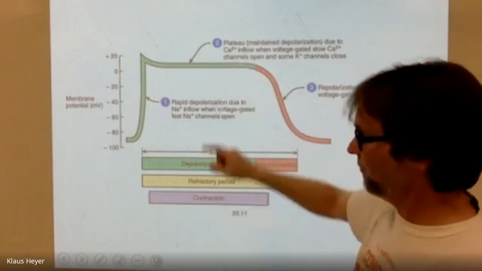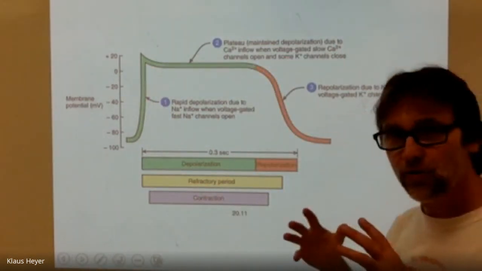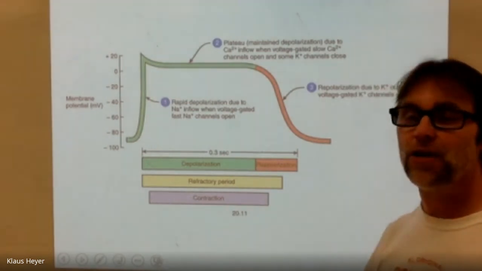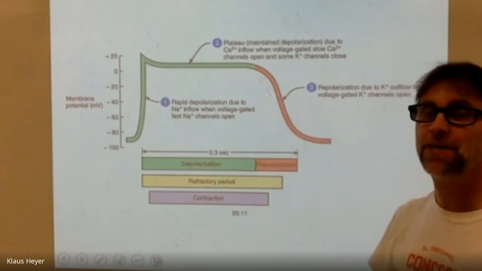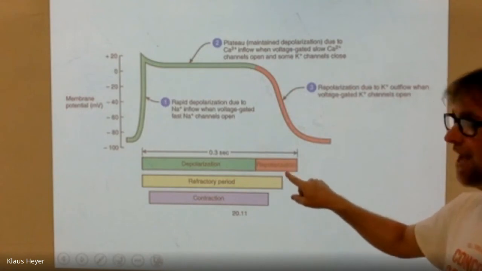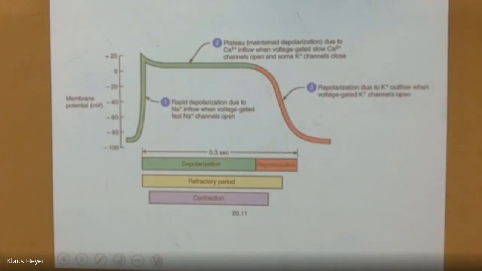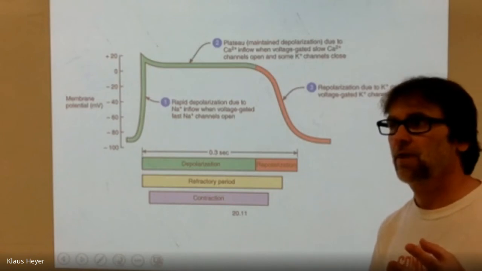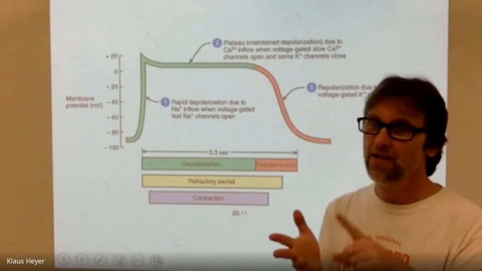That's the plateau phase. Then you have repolarization. Potassium had been kind of trying to trickle out, but now the potassium doors open up and potassium can just rush out. And that's repolarization. You're going to have relaxation of the cell. So again, don't get hung up on the membrane potential, but just imagine the cell, and you have these 3 electrolytes, sodium, potassium, calcium.